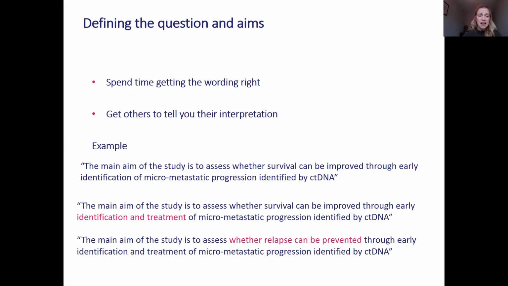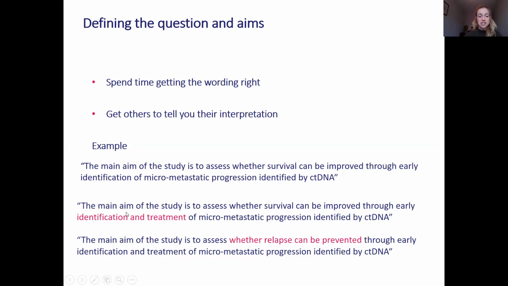And I thought I'd just give you an example. This is from the detection study that I'm involved with. We wrote, this could be one of the main aims: to study whether survival can be improved through early identification of micrometastatic progression identified by ctDNA.